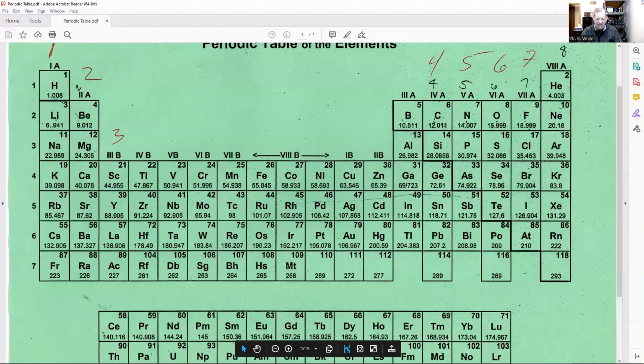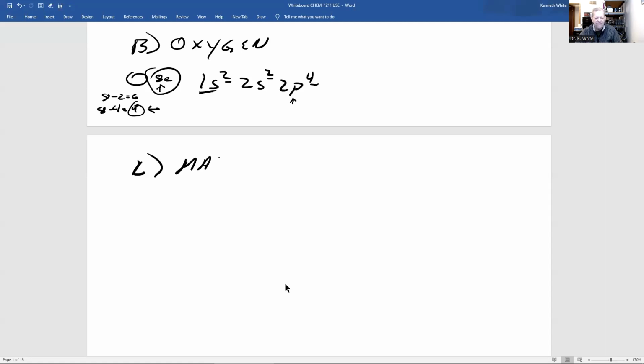Let's do one more. Let's do magnesium. First of all, you should know magnesium has the atomic symbol Mg, and we need to know how many electrons.